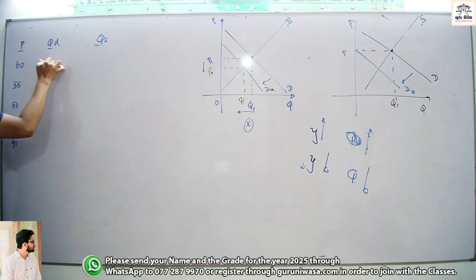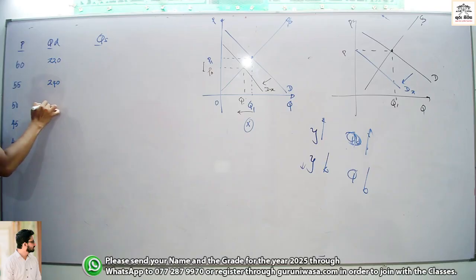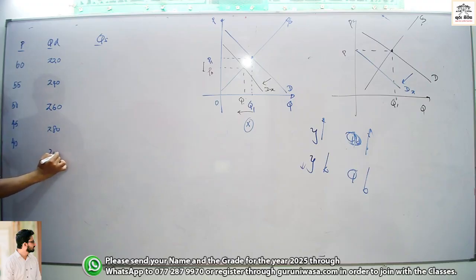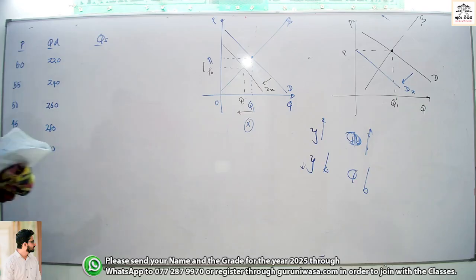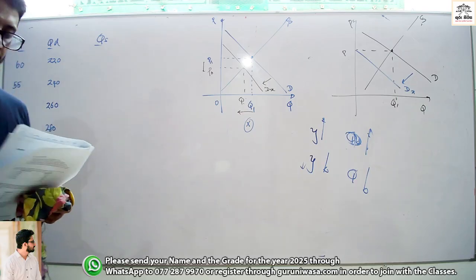Demand doesn't change: 220, 240, 260, 280, 300. Now because of increase in transport cost, quantity supplied falls by 60 units at every price.